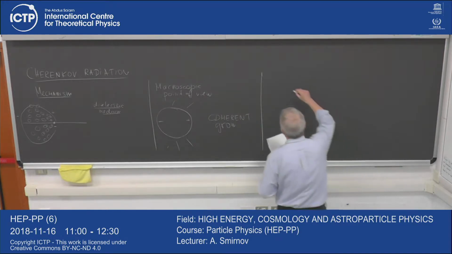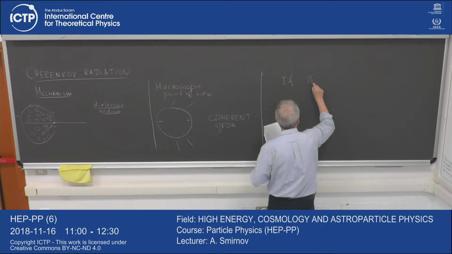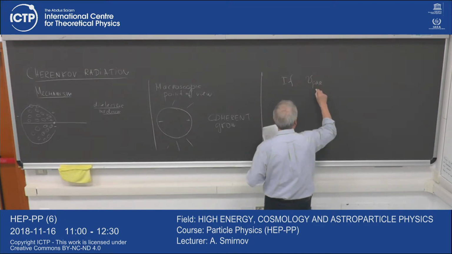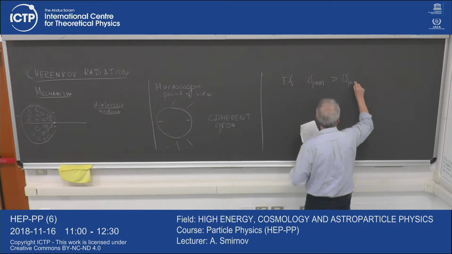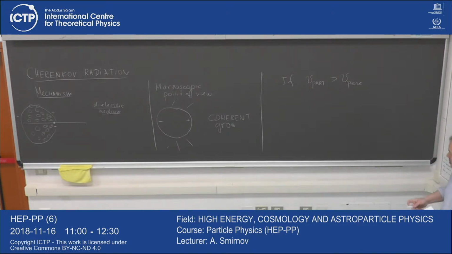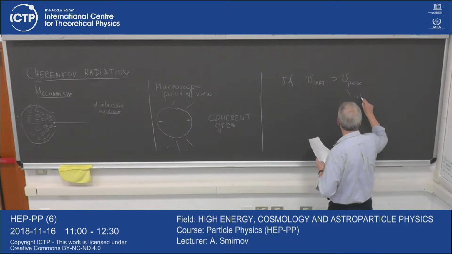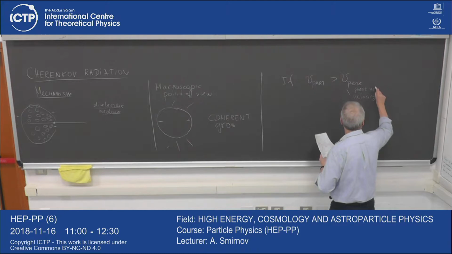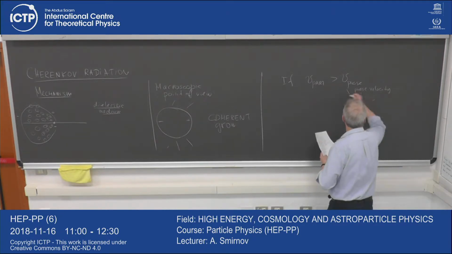So, if the velocity of the particle is bigger than the phase velocity of light, so this is the velocity of the particle, this is the velocity of light in the medium. And let me put here phase velocity of light in the medium.